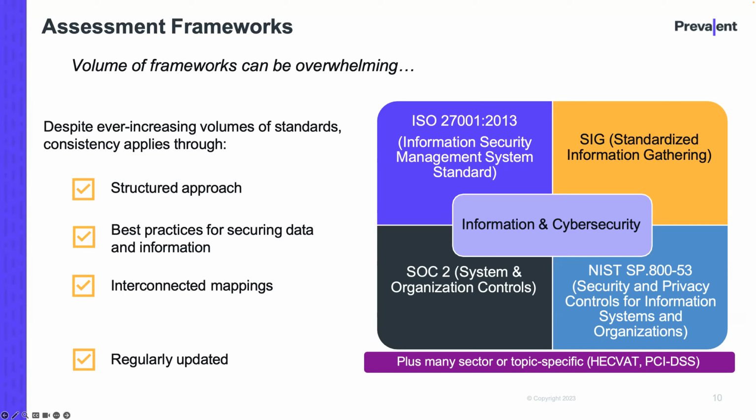Now, I've put up those 4 particularly because, when you look at the wider view of information and cybersecurity frameworks, these are certainly perhaps the most widely used assessments. Each of them slightly different in their own right, but at the same time, each of them have a lot of consistencies, which we'll go into in a short while.